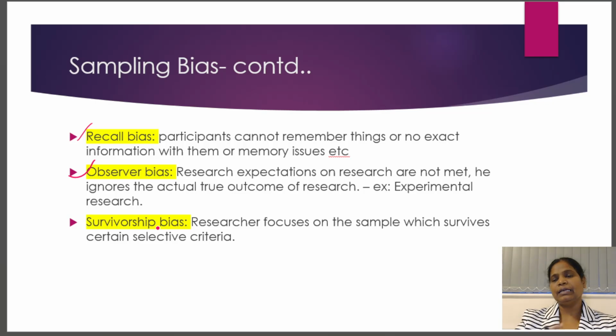So when we say, oh no, I am not suffering from diabetes or hypertension, but my age is 45 years, here I am not fulfilling the criteria. That's how it is. So here the research focuses on the sample which survives certain selective criteria.